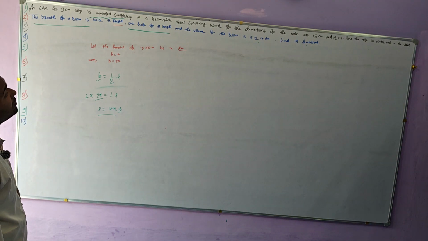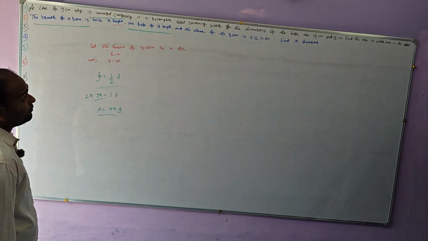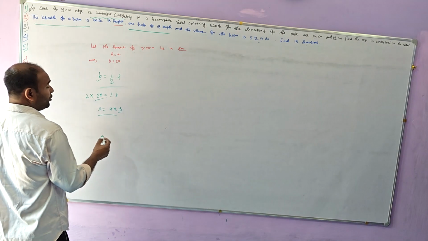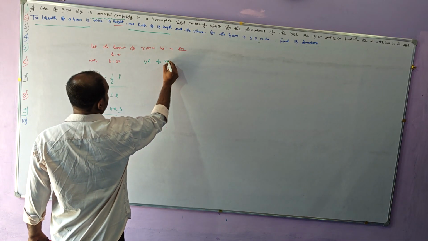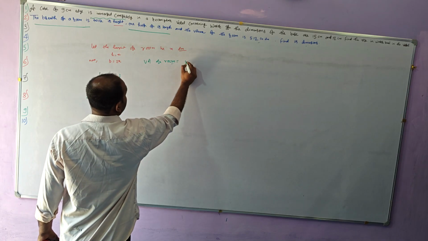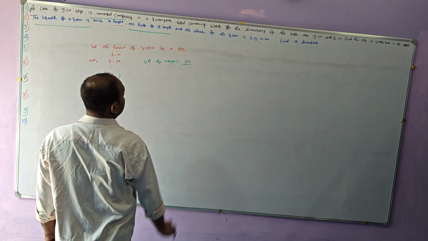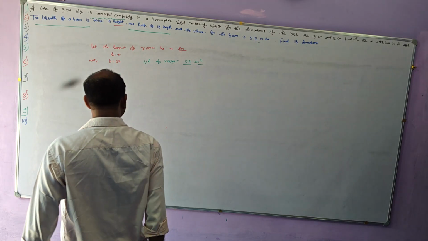Now find the volume of the room. Find the dimensions. We have the volume given. Volume of room is 512 decameter cube.